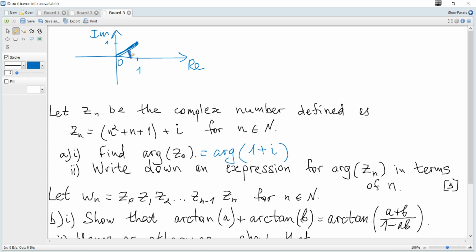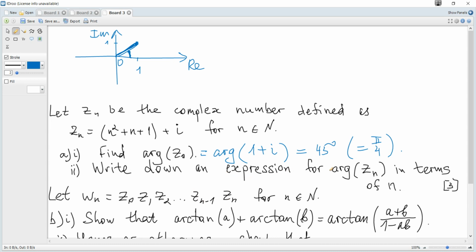This angle theta is the required argument, and we can see that there is an isosceles triangle, and it's clear that this angle is 45 degrees or pi over 4. So this argument is 45 degrees or pi over 4.